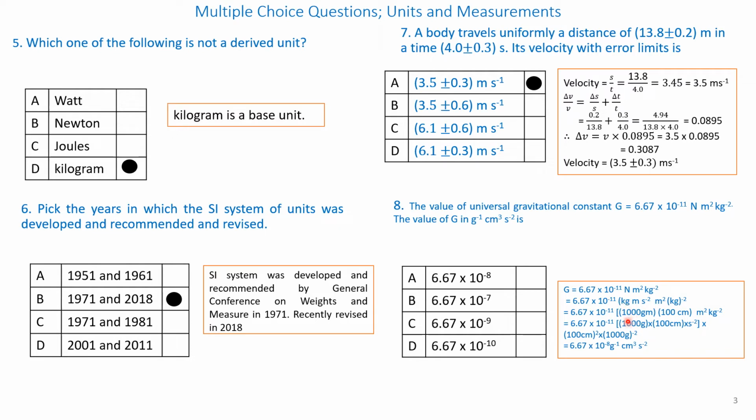Therefore, 1 kg is 1000 grams and 1 meter is 100 centimeters, and again meter square is 100 centimeters, and kg square. So on conversion, we get the answer as 6.67 into 10 to the power of minus 8 per gram centimeter cube per second square.